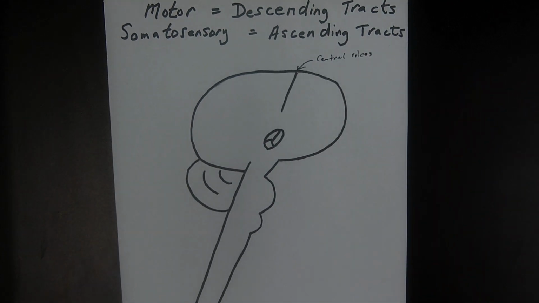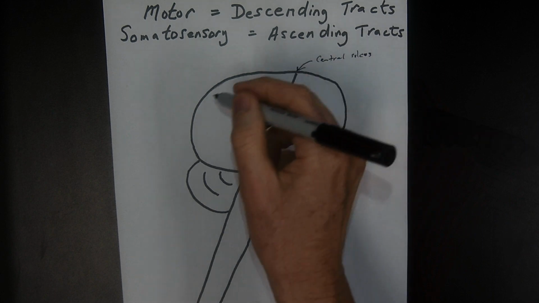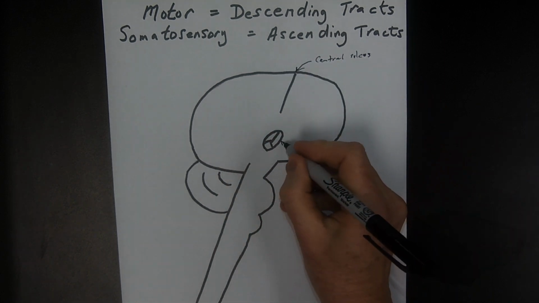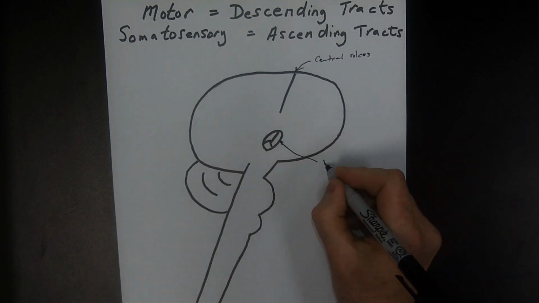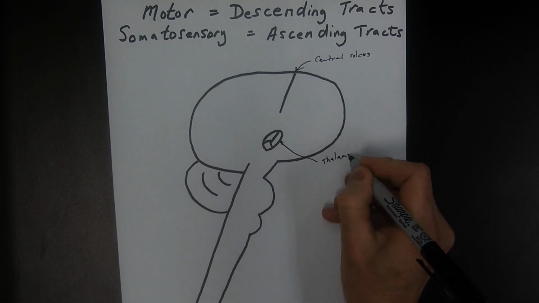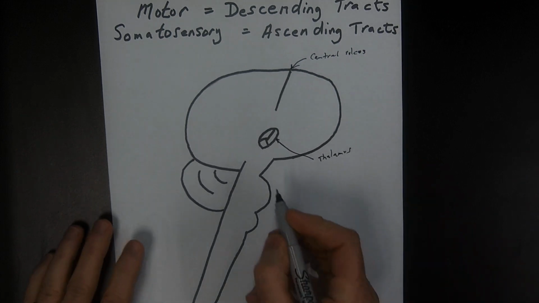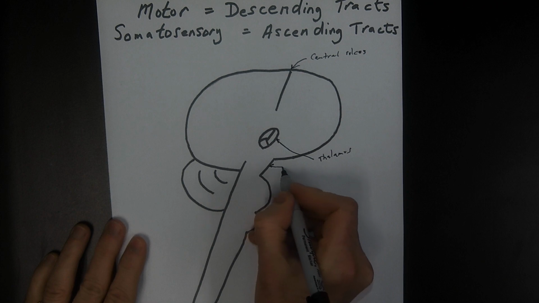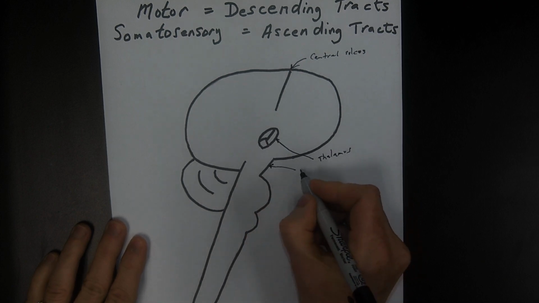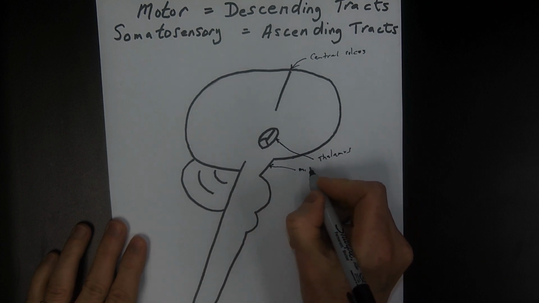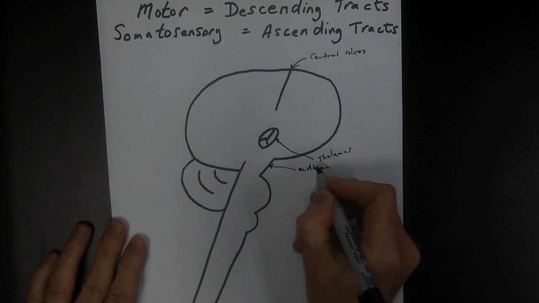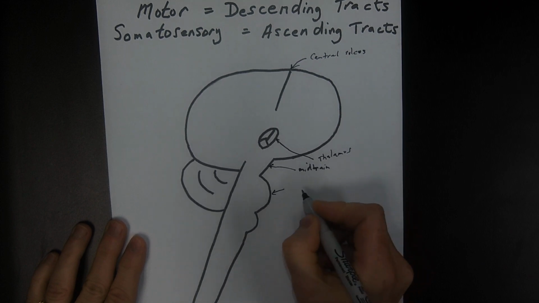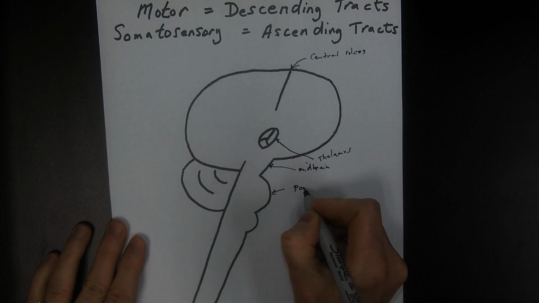Okay. So this would be the cortical region. What's this structure here? That's my thalamus. Okay, and then going down, looking at parts of the brain stem. The uppermost part is midbrain. And then this guy, pons.